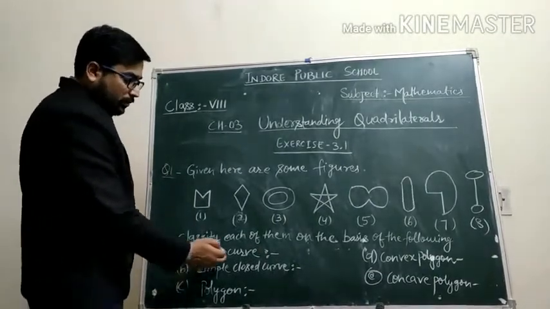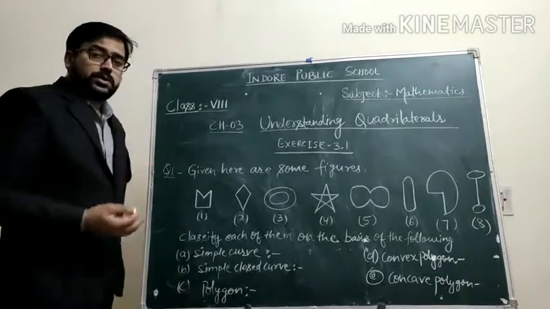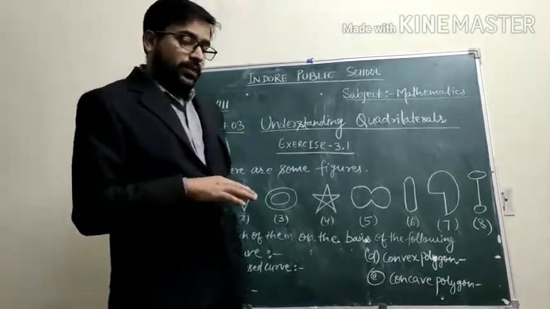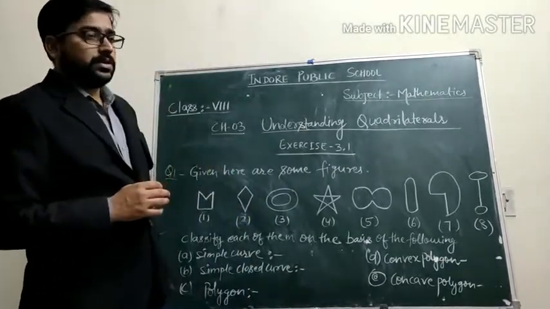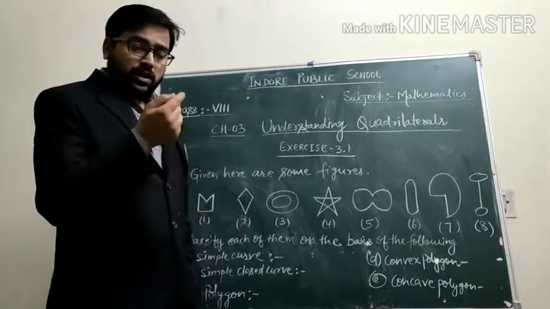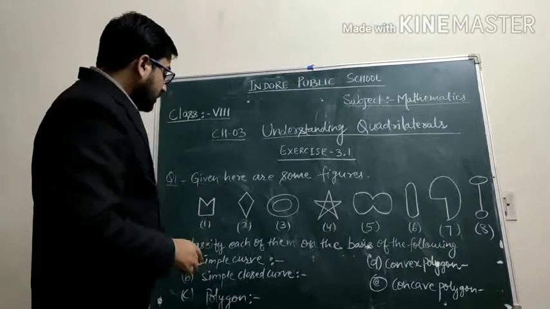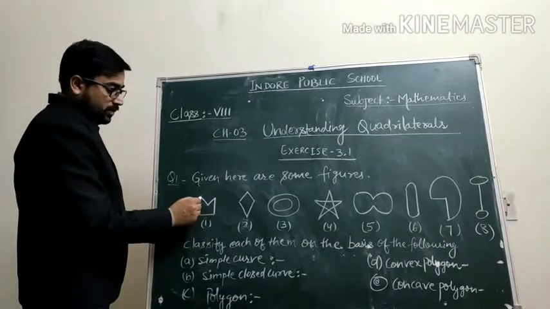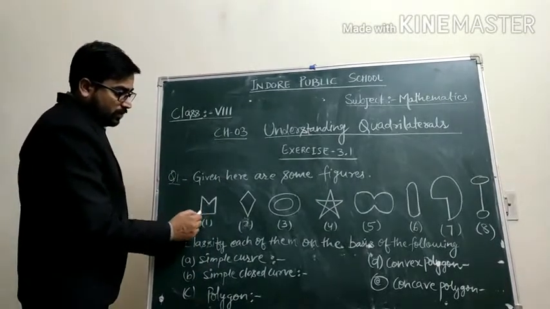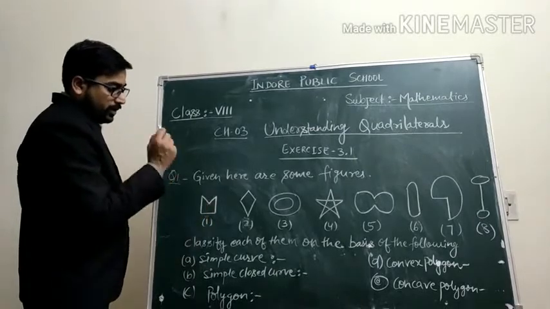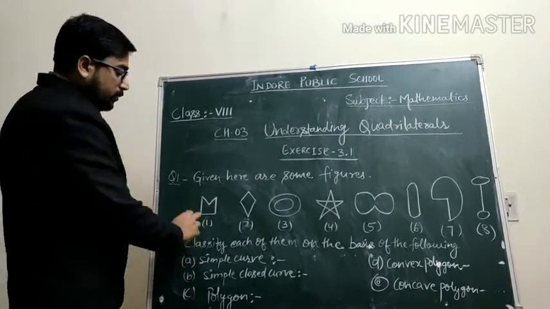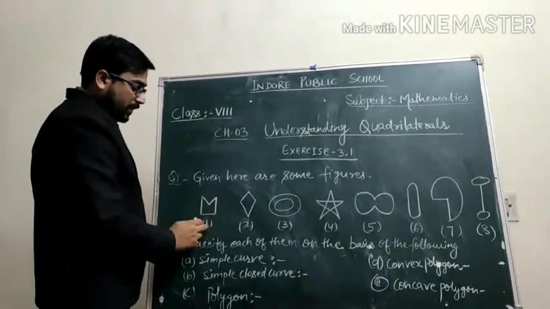First is simple curve. You know, simple curve means, as we studied in the first lecture of this chapter, a curve whose starting point and end point are same. Suppose we are talking about this curve that starts from here, moves, and ends here. Starting point and end point are same.